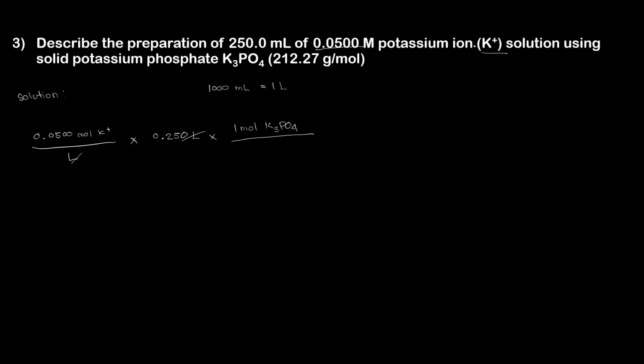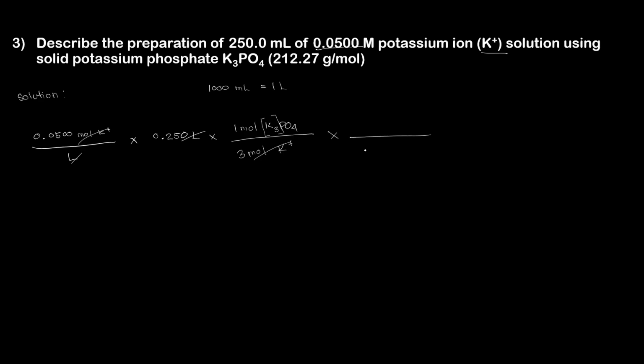Potassium is K, so let's focus on the K. There are 3 moles of K⁺ in 1 mole of K₃PO₄. So we can cancel the mole of potassium ion, and we're left with mole of potassium phosphate.